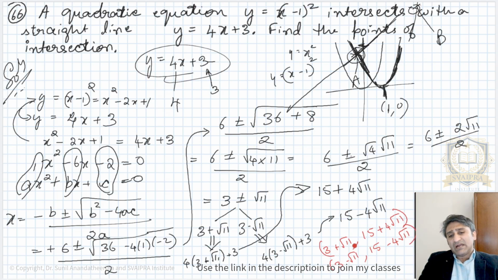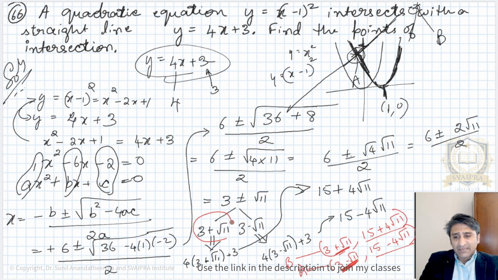If we plot them, we get these points, which I'll call A and B. How do I identify which is A and which is B? This x value is negative, so it has to be on the negative side, and that one is positive, so it is on the positive side. Therefore our corresponding values of y are also correct. This is lesser than this, so this has to be point A and this has to be point B.